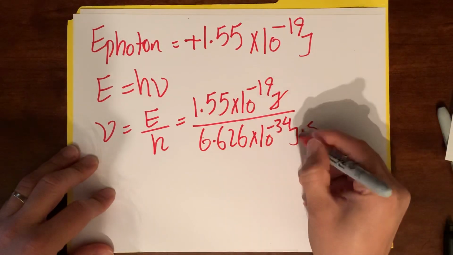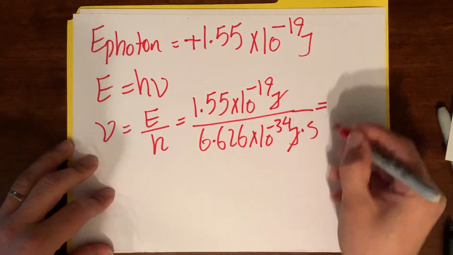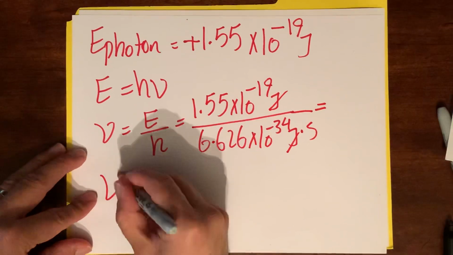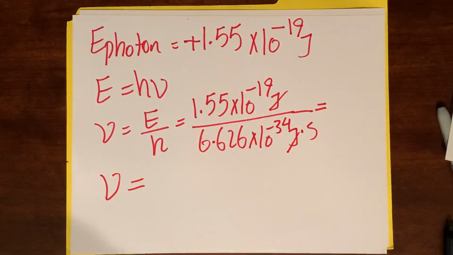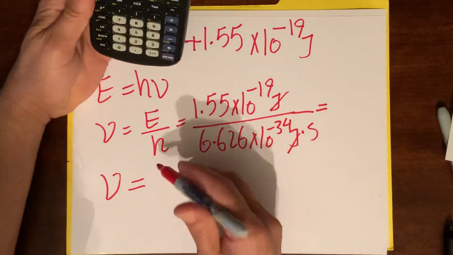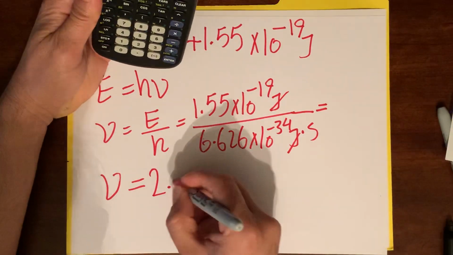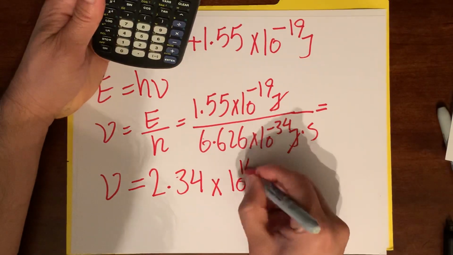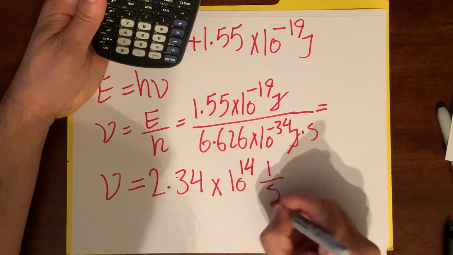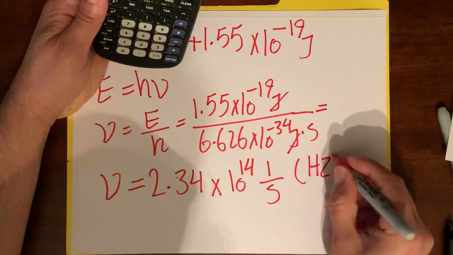You cancel joule by joule, and we get 1 over second, which is the right unit of frequency. So I will divide this one by 6.626 times 10 to the power of minus 34, and I got this one equal to 2.34 multiply 10 to the power of 14. Unit is 1 over second or hertz.